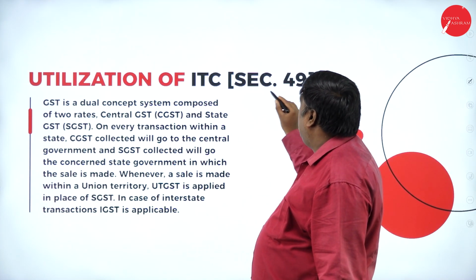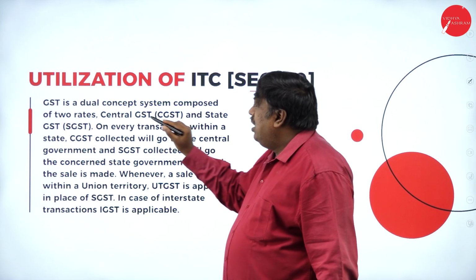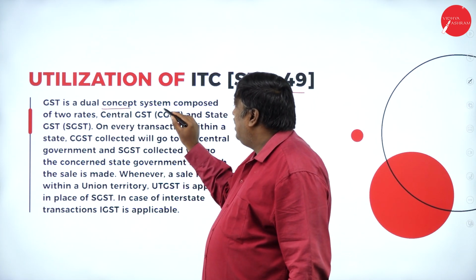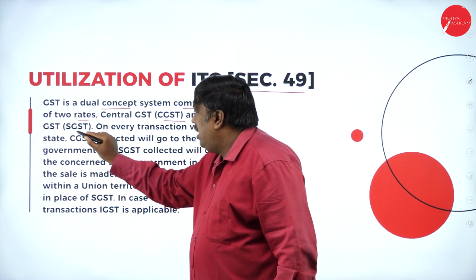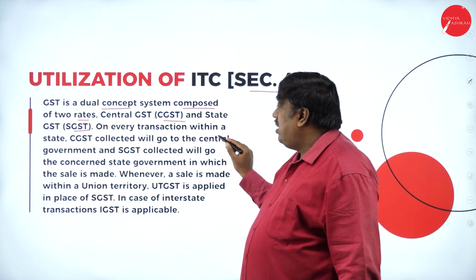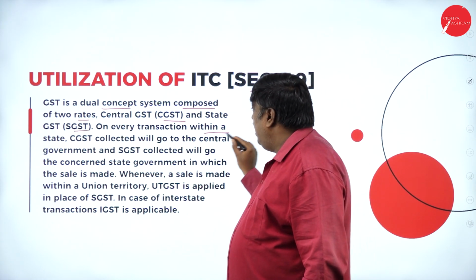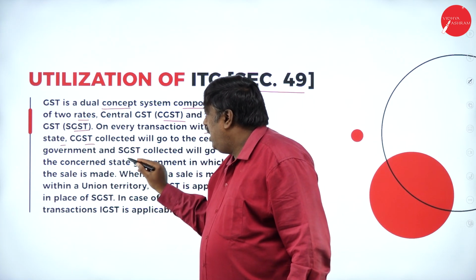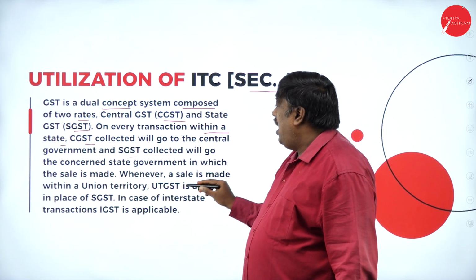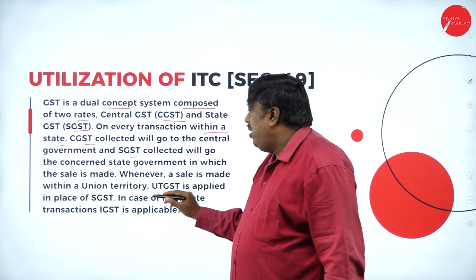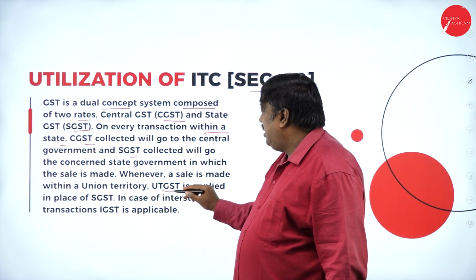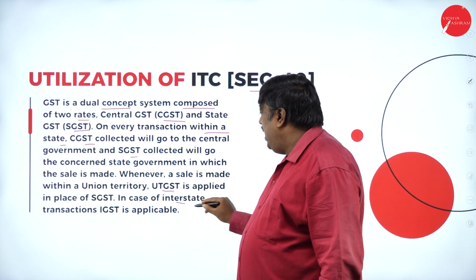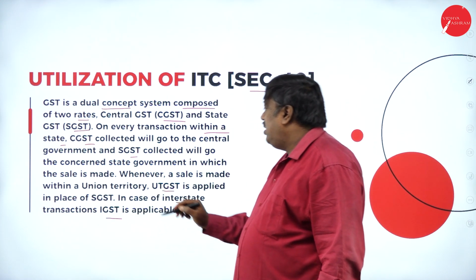Utilization of ITC under section 49. GST is a dual concept system composed of two rates, that is CGST, SGST. On every transaction within a state, CGST is collected, SGST is collected, and whenever a sale is made within the union territory, CGST and UTGST is applied. In case of interstate transaction, IGST is applicable.